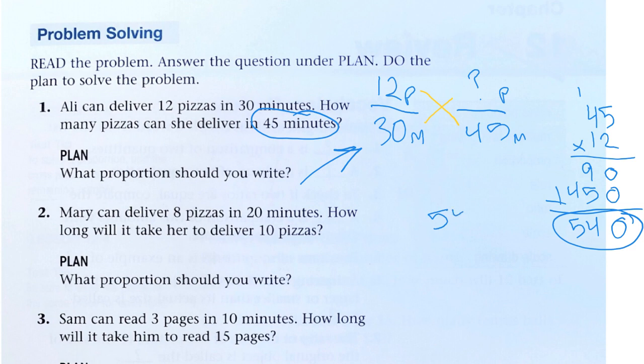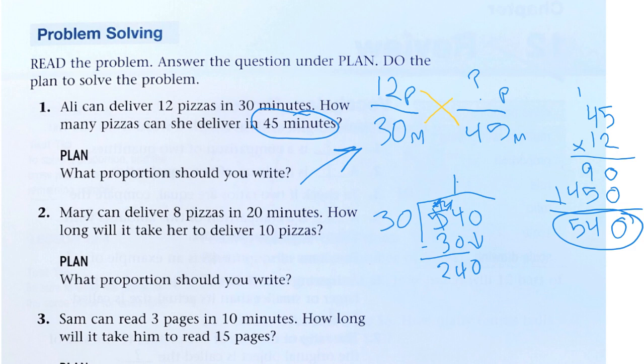And now 30 times something will give us the cross product of 540. So if we do the opposite of multiplication, we would divide the 540 by 30 to see what the missing amount is. So we can fit 30 into 54, and then we get 24, bring down the 0, and then we're going to get 30 into 240.